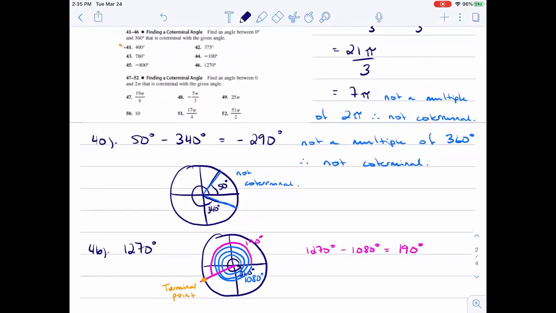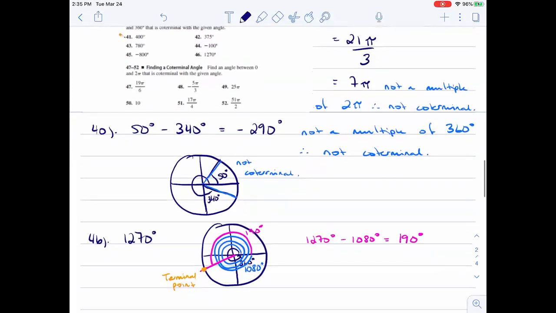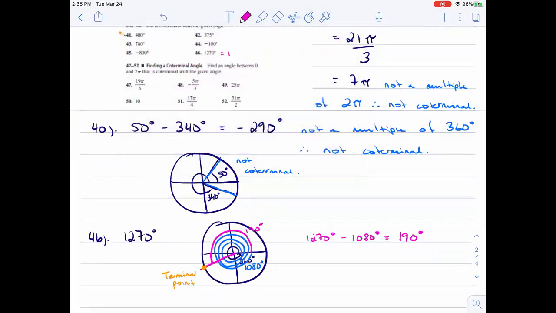So same idea, except, I guess we didn't really answer, but the answer that we wanted for 46 is 190 degrees. And that just cuts off all the other loops going around and around the circle. Let's do the same thing for one of these, 47 to 52.